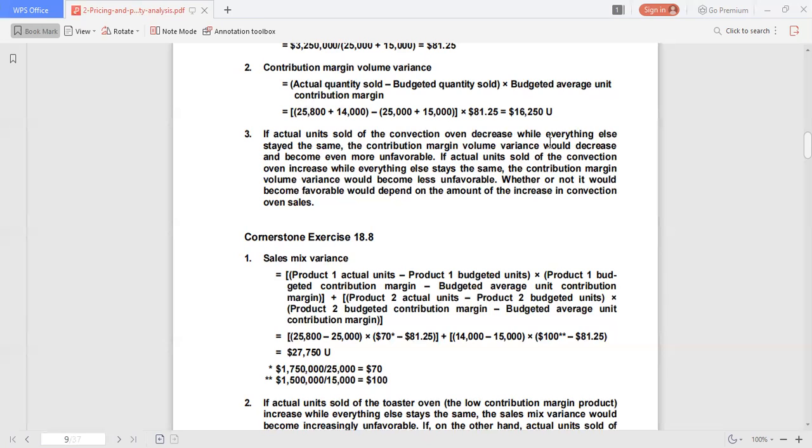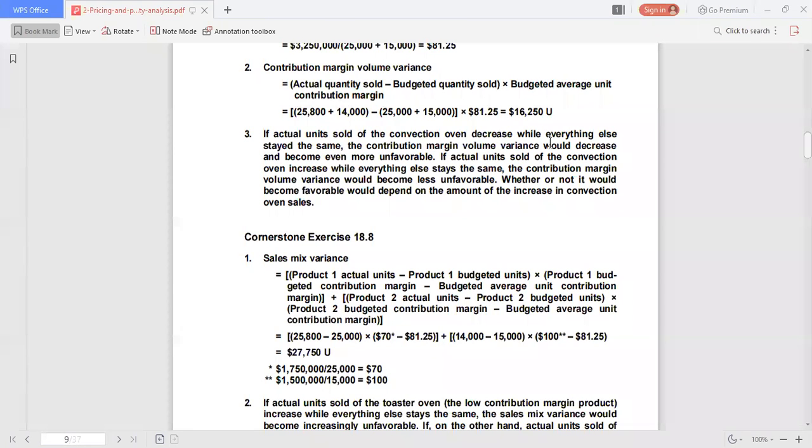14,000 is your product 2 actual units, and the budgeted units is 15,000. We multiply this by product 2's budgeted contribution margin minus the budgeted average unit contribution margin.